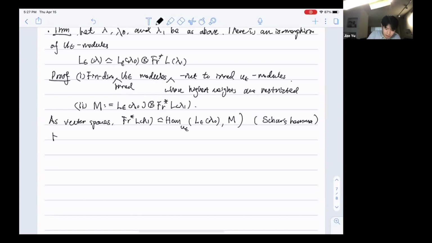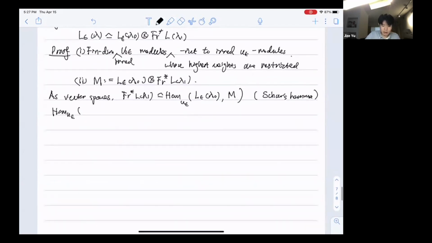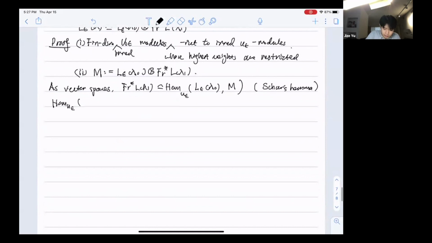Now this Hom space of small u_epsilon modules between L_epsilon lambda 0 and M sits inside a larger space, Hom as a vector space from L_epsilon lambda 0 to M. So these are in fact U_epsilon dot modules.